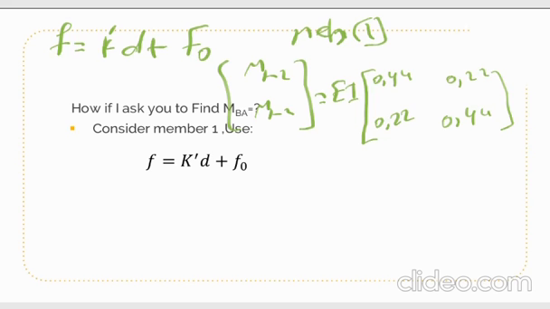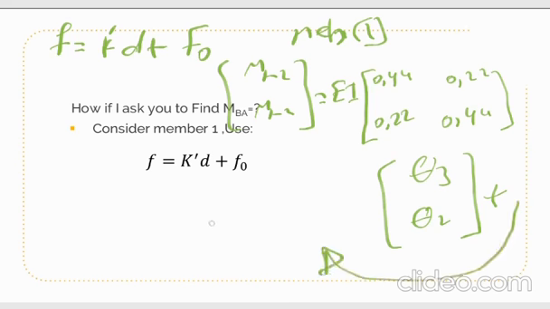This is K, times D, theta 3 and theta 2. Sorry, the second member is theta 2, plus F naught, so this one here, 6.75, and we have minus 6.75.